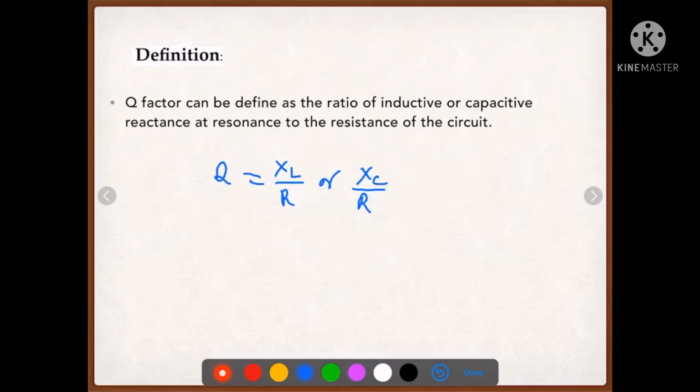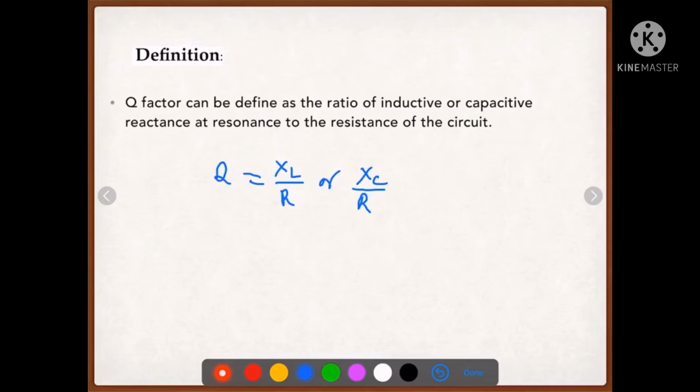But if we want to go in depth, there is one more definition and a few more formulas for quality factor. If you want to do only the definition of quality factor, this is going to be sufficient.